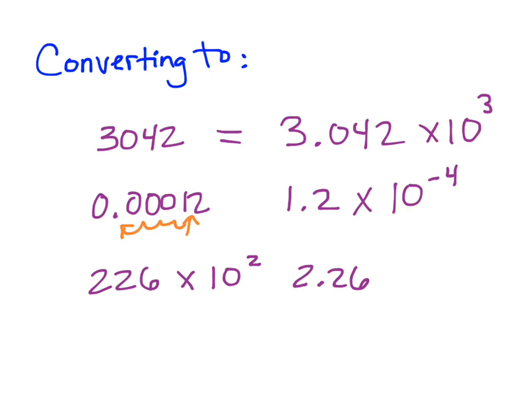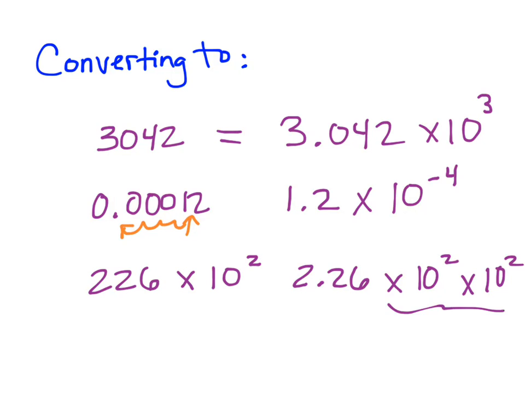And then what would I need to multiply that by to get the decimal point back to where it should be after the 6? All right, well, the decimal would need to move 2 places to the right. All right, so this would be times 10 squared. All right, now this piece just represents 226, right? But we also have this additional times 10 squared, so I don't want to forget that. I'm going to write that in, right?